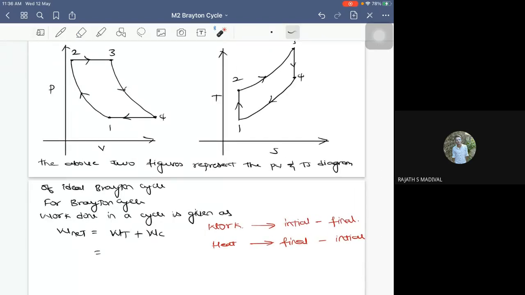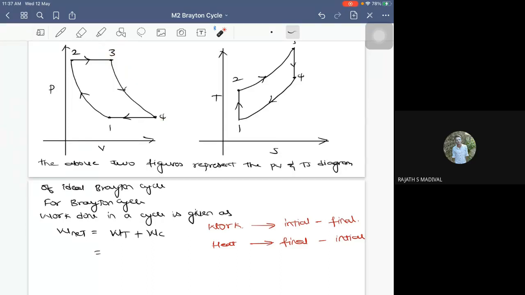Now look here, 3 to 4 is the turbine work, correct? Which one is initial, and which one is final? Whether 3 is initial or whether 4 is initial. 3 is the initial state, and 4 is the final state.